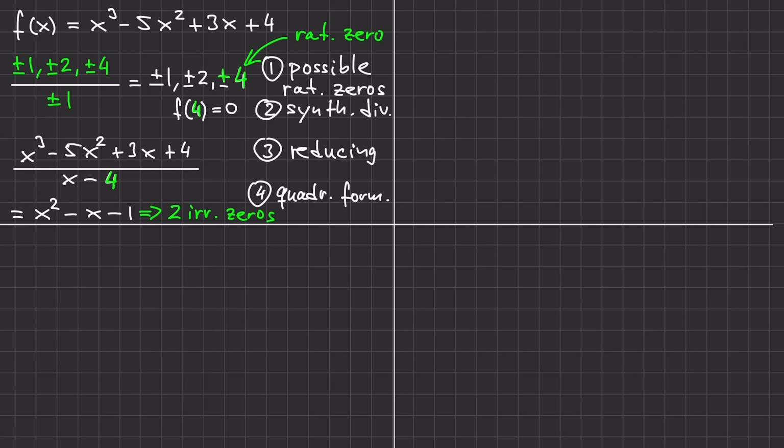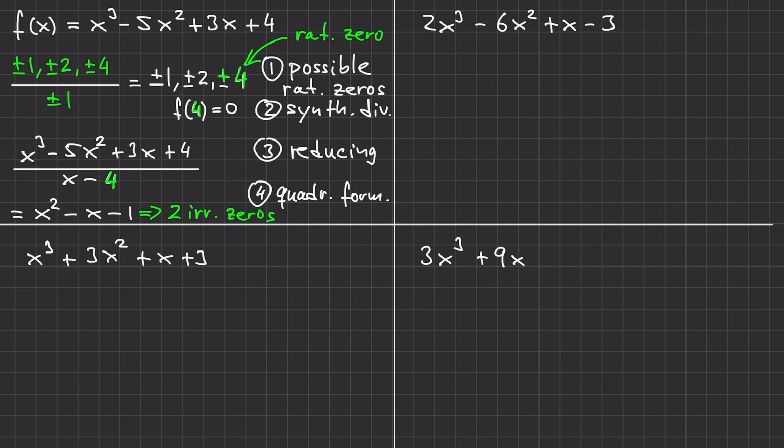But sometimes when we have polynomials like x cubed plus 3x squared plus x plus 3, or 2x cubed minus 6x squared plus x minus 3, or 3x cubed plus 9x squared minus 2x minus 6, we can factor by grouping instead of going through all these steps.